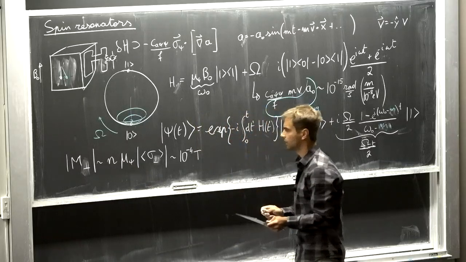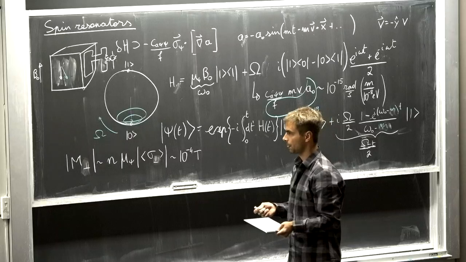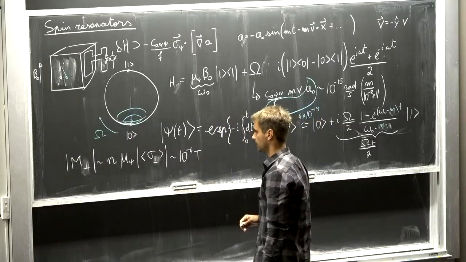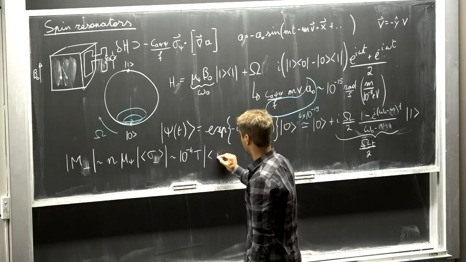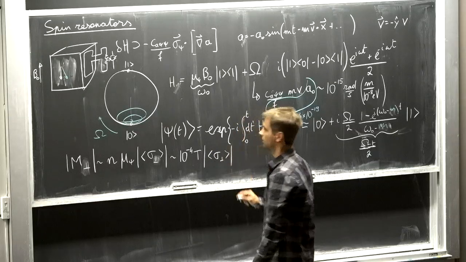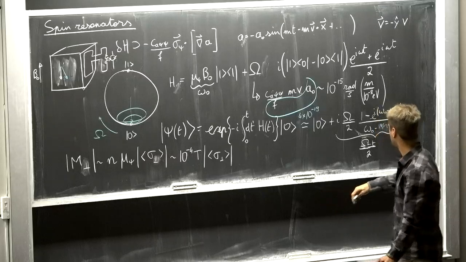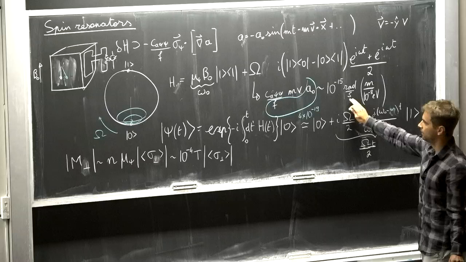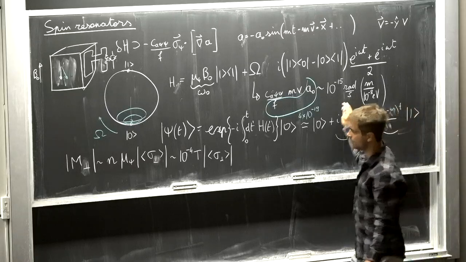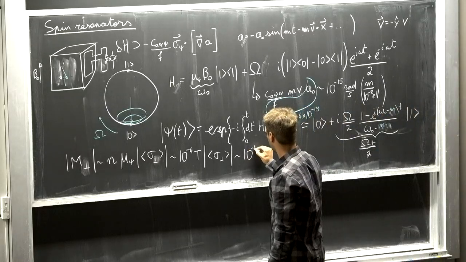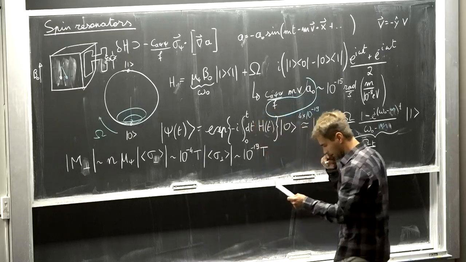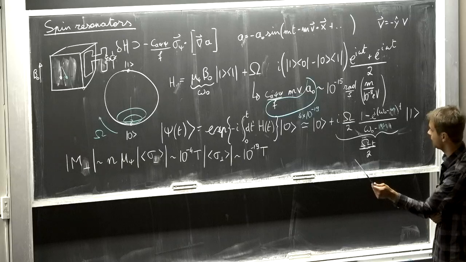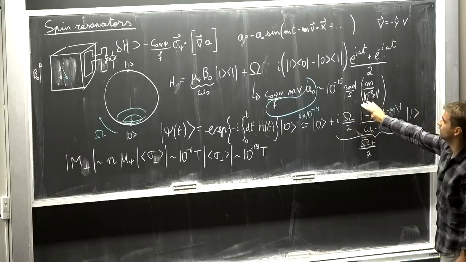If you calculate the characteristic magnetic field of such a system, this is about 10 to the minus 4 Tesla. And then the transverse piece is much smaller, right? After about a second, you would have a 10 to the minus 15 spin polarization. So about 10 to the minus 19 Tesla signal is what you're going for, typically with these numbers.